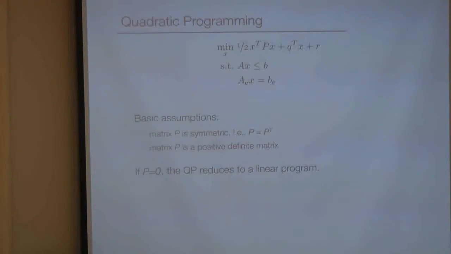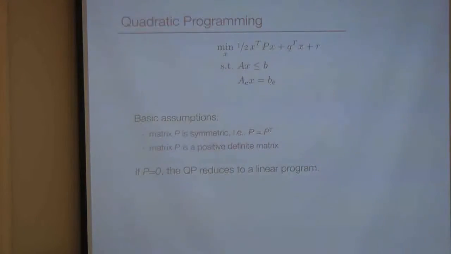As I said, for linear programming, not easily, but it can be done, we can solve an optimization problem with millions of variables. For quadratic programming, in the same amount of time, we can only solve a problem which has roughly 100,000 optimization variables.